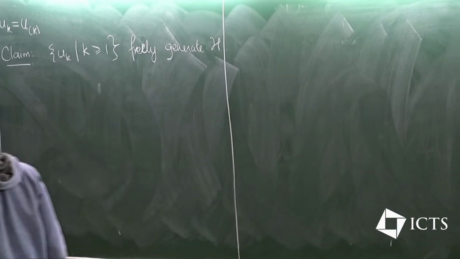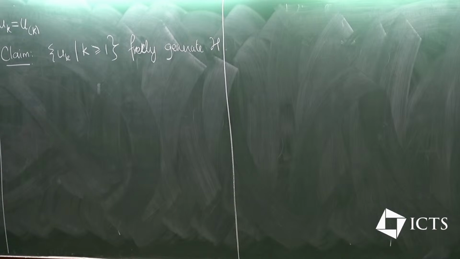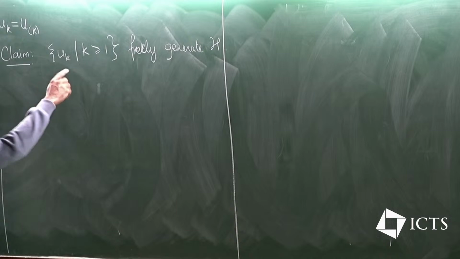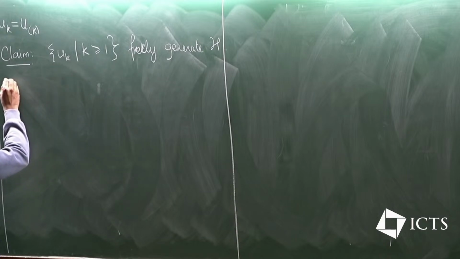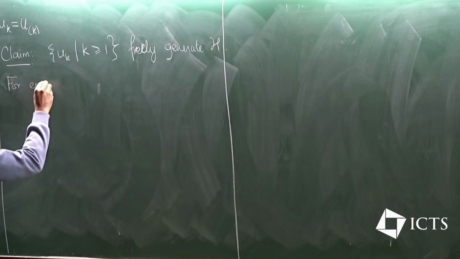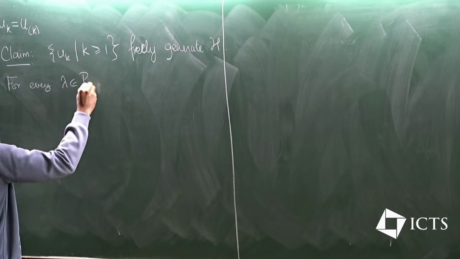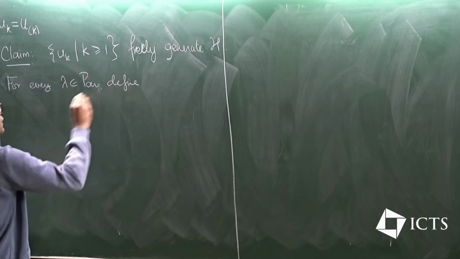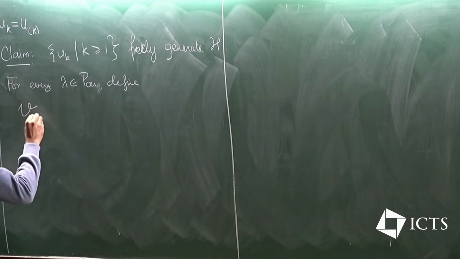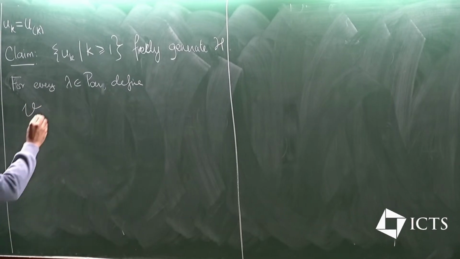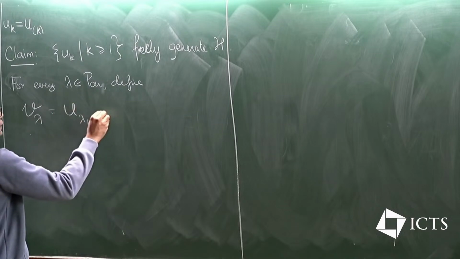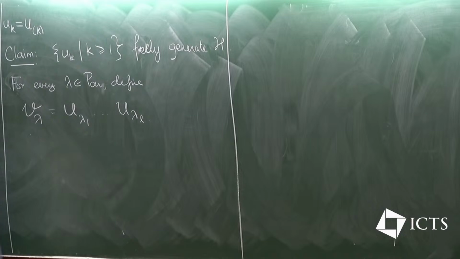So the proof now we can glean from whatever we've done about finite abelian groups and their cyclic subgroups. What we'll do is, this claim is actually equivalent to saying that suppose you take, for every partition lambda, define, let's call it V lambda, to be U lambda 1 up to U lambda L. This is the product of the corresponding U's.